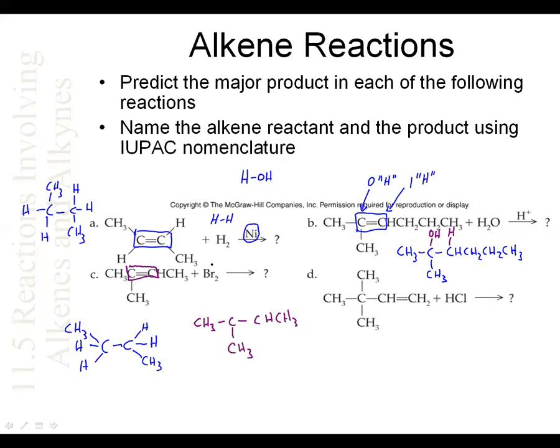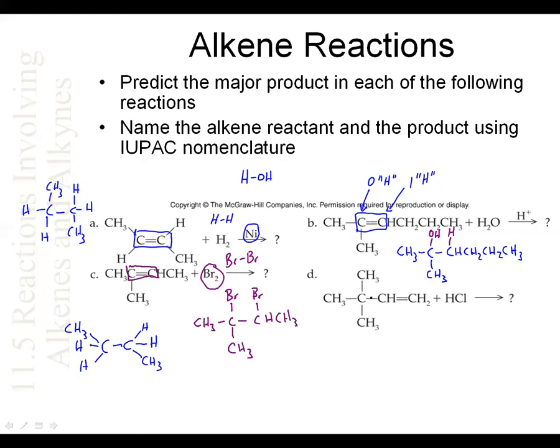In this case, we are adding a symmetrical addition: Br to each carbon. It does not matter which one you put it on, because it's basically the same thing on each of them. And we would end up with that.